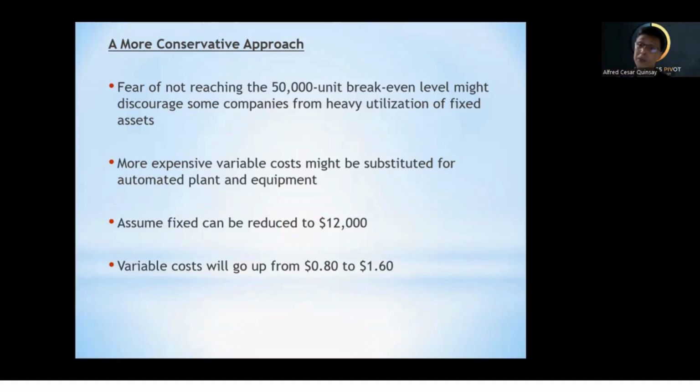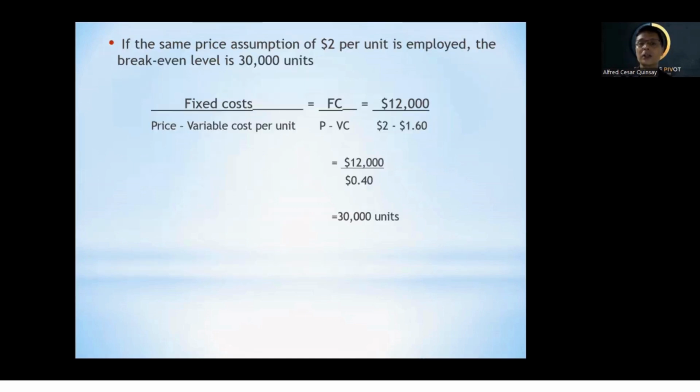Sabihin, sa umpisa nakakatipid sila, pero sa totoo lang mas malaki yung nagagastos nila, kasi in the long run, when you place a software there, mas makakatipid sa long run.